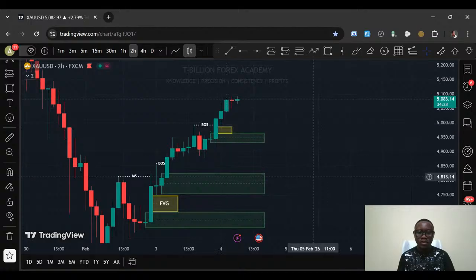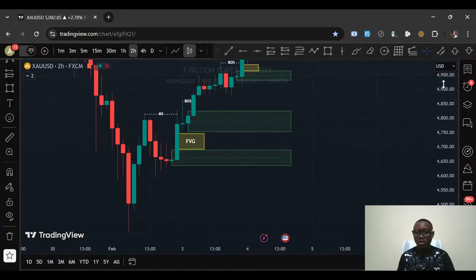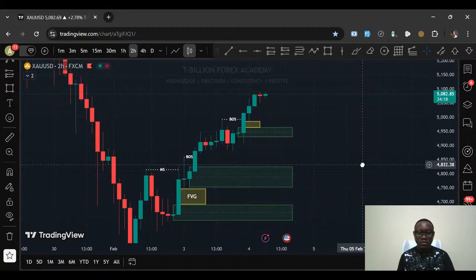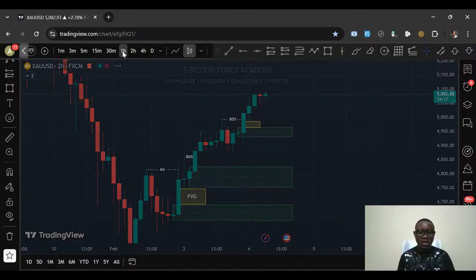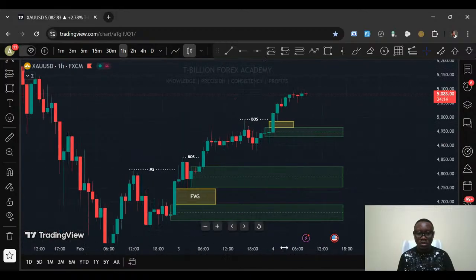Okay, so let's drill down further to the 1H time frame to further refine the zone and identify other zones.